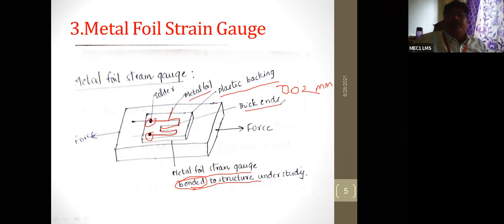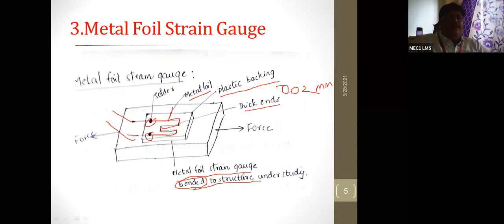The ends are very thick, and when the force is applied, stress is developed, which leads to strain in the structure. These leads are connected to one of the resistors of the Wheatstone bridge. Thereby automatically a change of resistance takes place when the force is applied. So the galvanometer deflects, proportional to the strain developed in the structure.